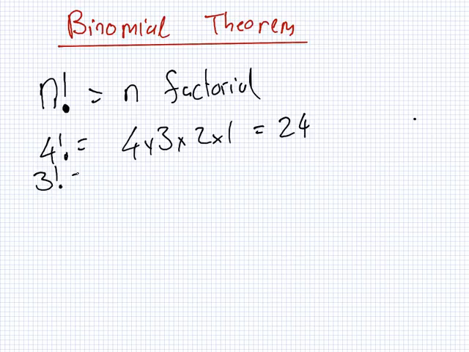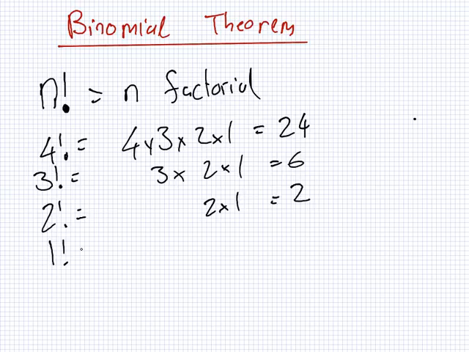And 3 factorial is 3 times 2 times 1, which is 6. 2 factorial is 2 times 1, which is 2. 1 factorial is 1. And 0 factorial gets them every time. It's 1.